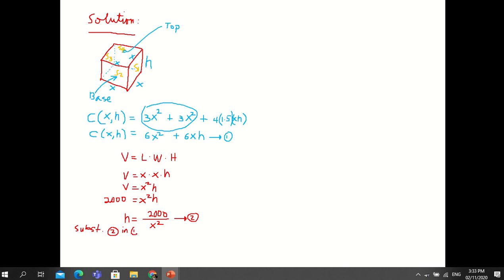Okay, so we have C, or I will write, no, substitute natin ang 2 dito. So equation 1, I will write first the right side part of it.